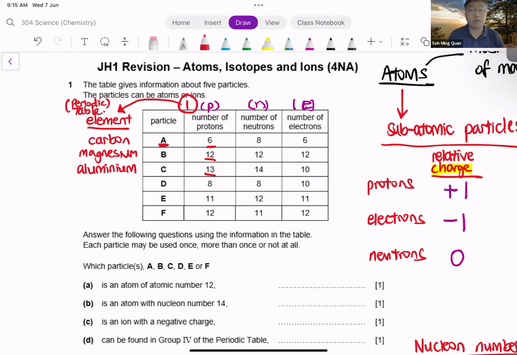Okay, so now for those in the Zoom meeting, I hope you have a periodic table in front of you. If you don't, you might want to go and quickly find one, because can you try to identify what D, E, and F are yourselves? Okay, can I give you just about 1 minute to go and find out what D, E, and F are just based on the proton number?